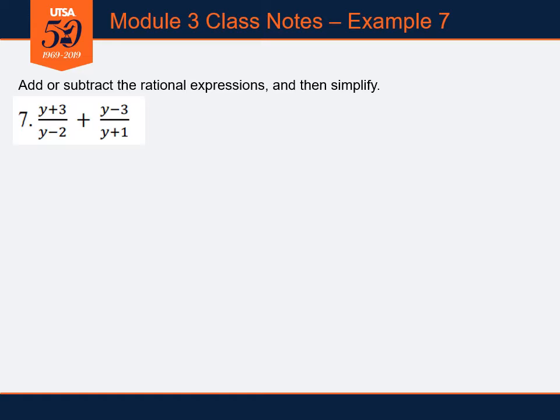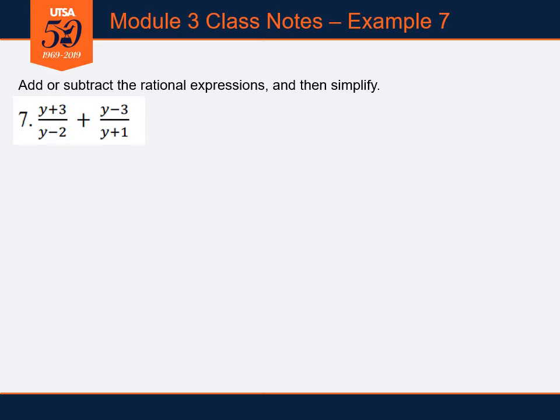But for the purposes of this video, it will suffice to have a reminder here that to add or subtract fractions, you need a least common denominator, LCD. And with these rational expressions, I've got one denominator of y minus 2, one denominator of y plus 1.